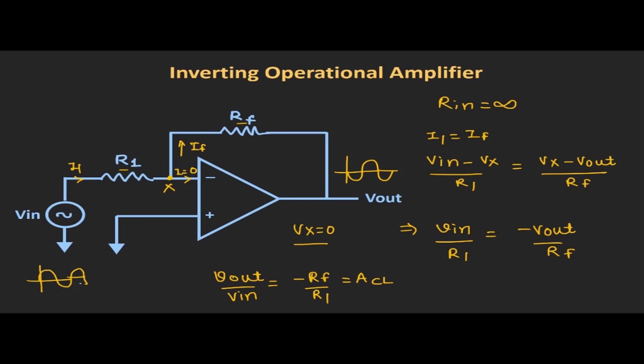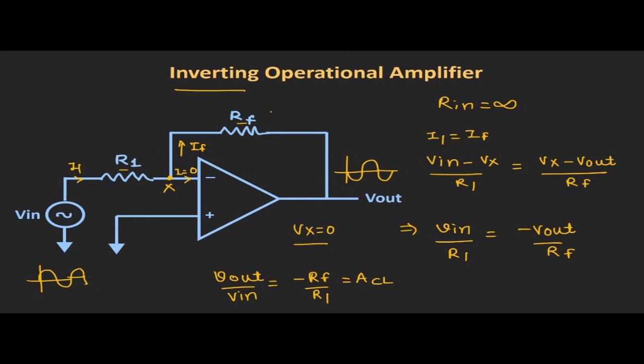So let's say if we have applied a sinusoidal signal at the input, then at the output we will get the amplified sinusoidal signal which is 180 degrees out of phase with respect to the input signal. And that is why this configuration of the op-amp is known as the inverting configuration, because the output gets inverted with respect to the input voltage.